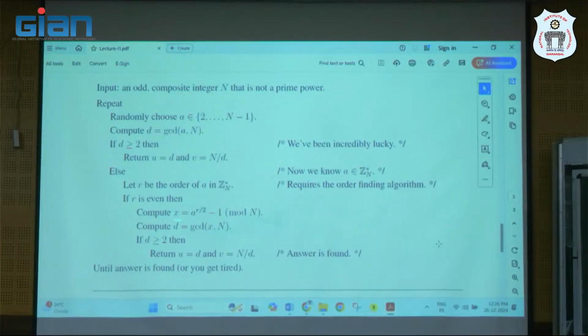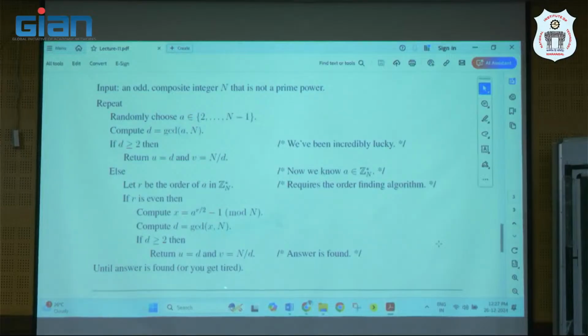Then compute A to the power R over 2 minus 1 mod n. Call it X. Compute D, which is the GCD of X and n. If D is greater than or equal to 2, again you return, because it divides n. So you can return D and n over D. Agreed?